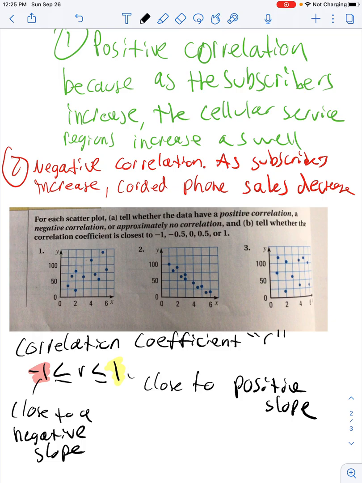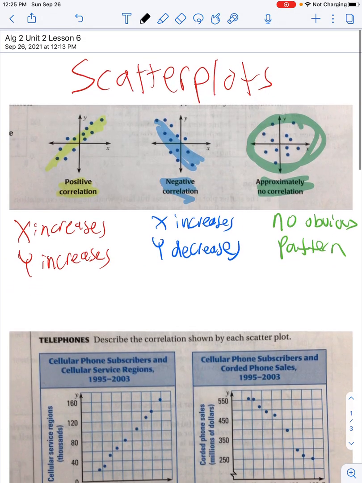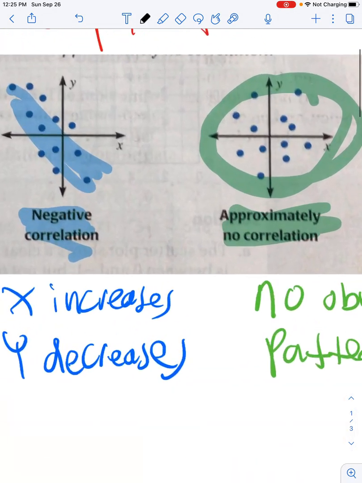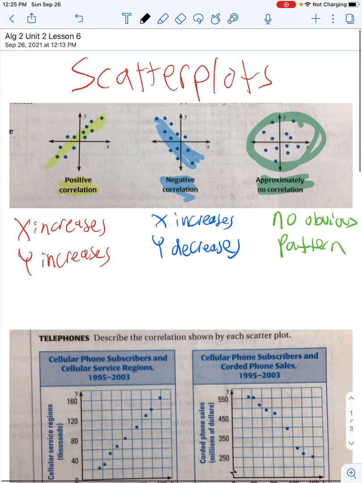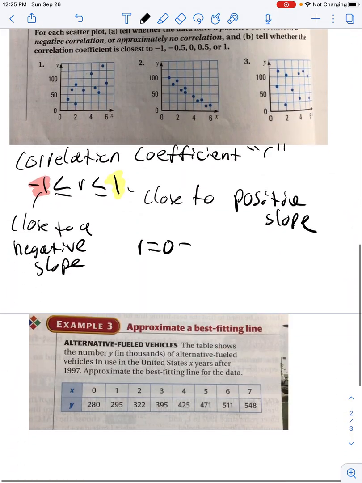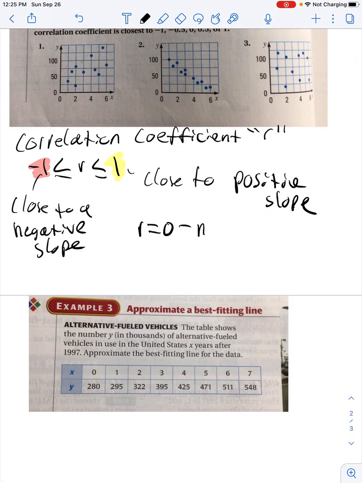And then if you think about what would happen if R equals 0, that would be like our example up here where we really don't have much correlation. We're not really sure if that's positive or negative. So R equals 0 is like no correlation.